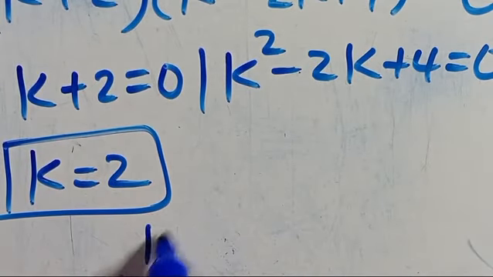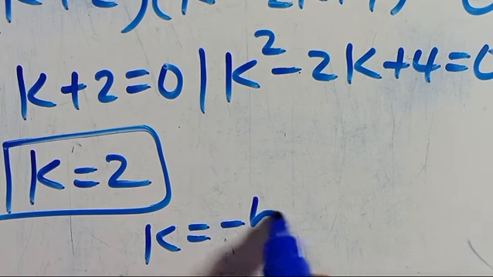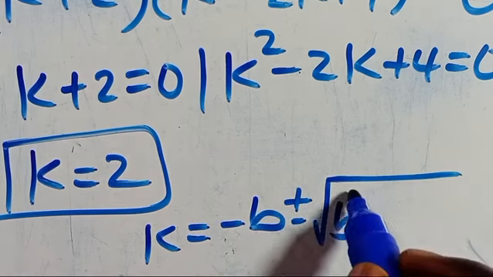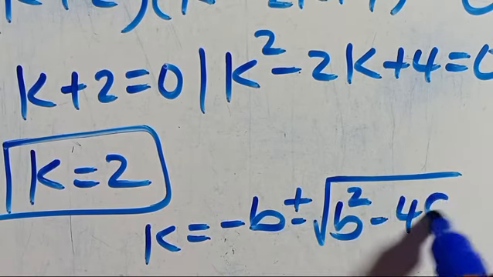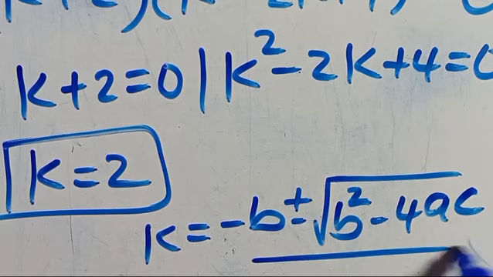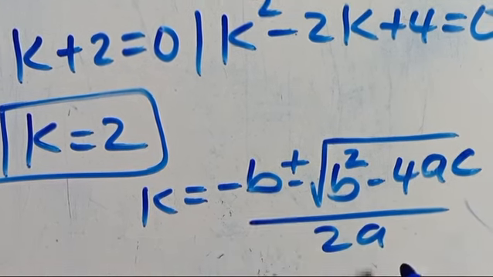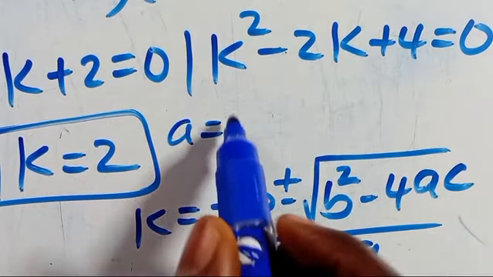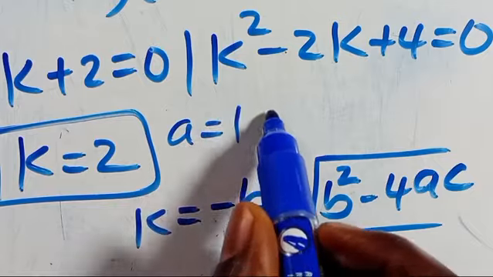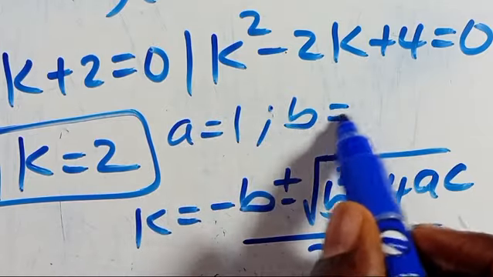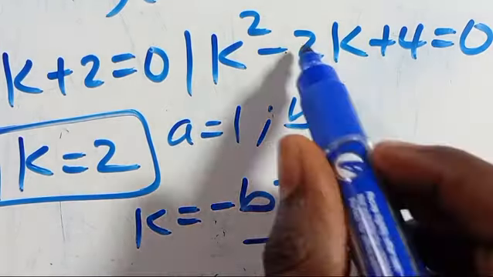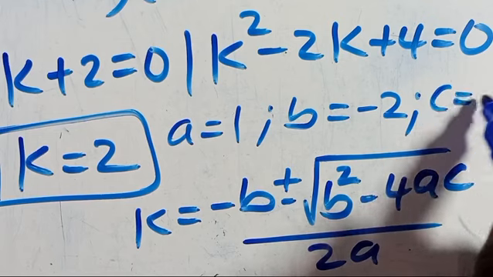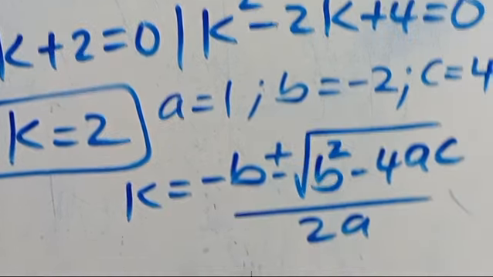and so we have k equals minus b positive or negative root of b square minus 4ac, all divided by 2a. So we have a to be the coefficient of k square, which is 1, and b to be the coefficient of k, which is minus 2, and c equals 4.